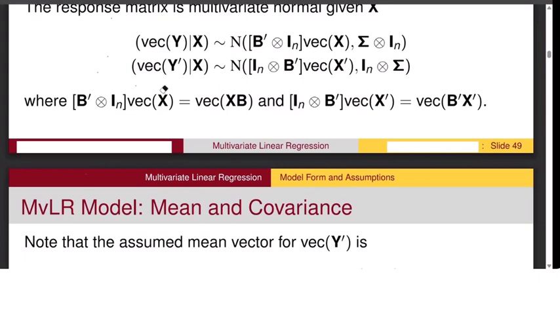Of course, you need to be able to understand this. The vector xb is the same as this. Don't forget, it's the same thing as vector x, where the b is going to come out. That's why we have a b transpose of that.